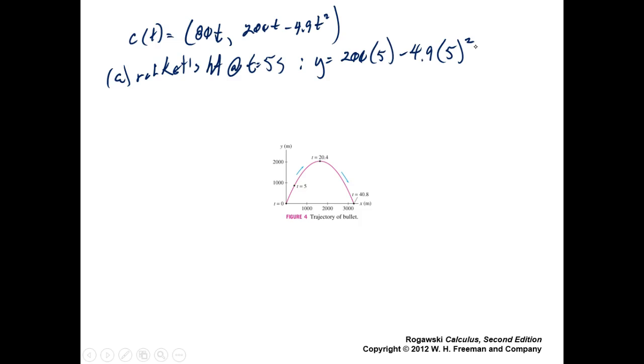Agreed? That would be how much? 1,000, right? Minus 25 times 4.9. You might need a calculator for that one. That'd be 120 something, right?